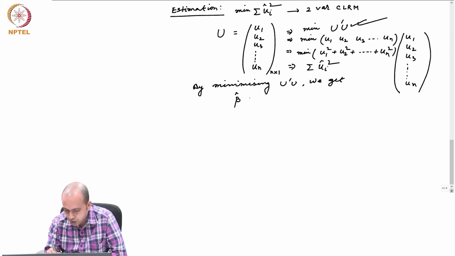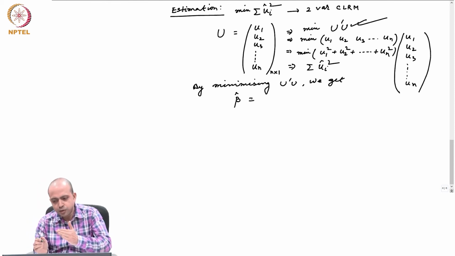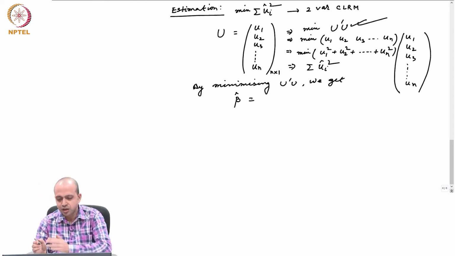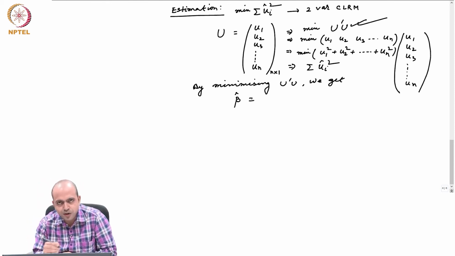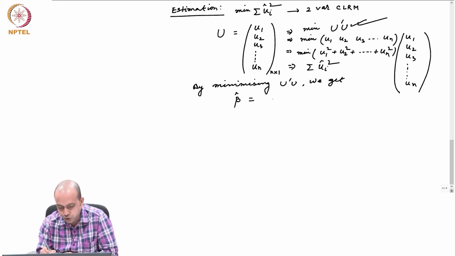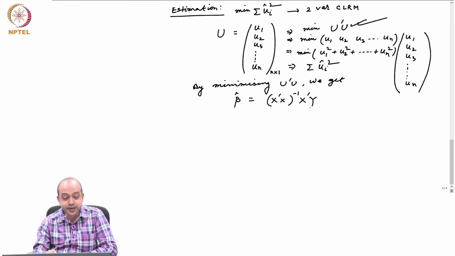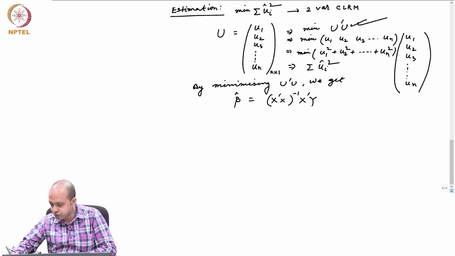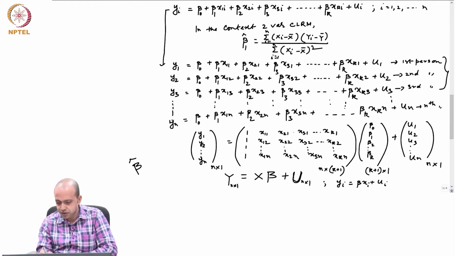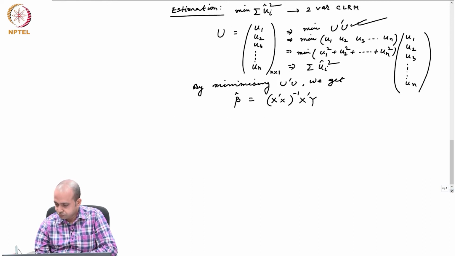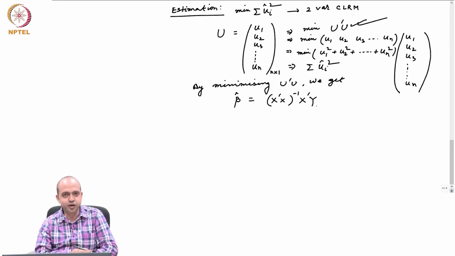I am not going to give you the solution, you can try with this. After minimizing this at the end, we will get x prime x inverse x prime y, where this x is basically the earlier x we discussed, and this is our y. So, this would become x prime x inverse x prime y.